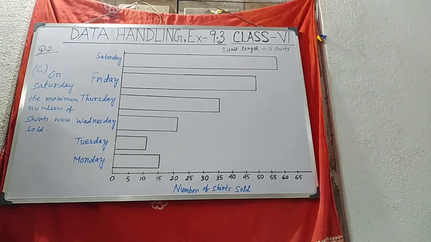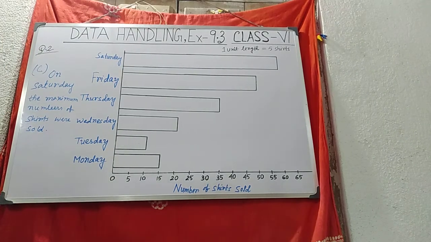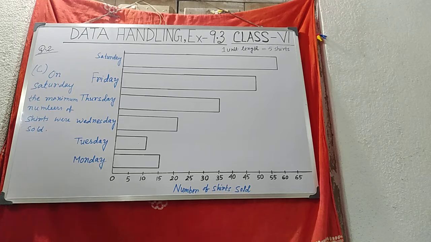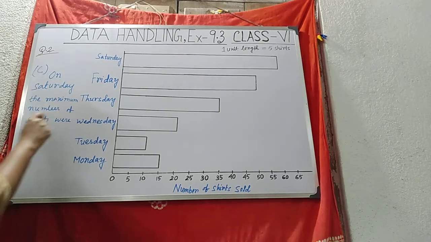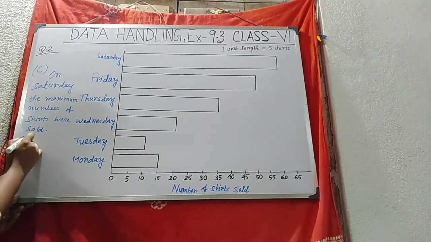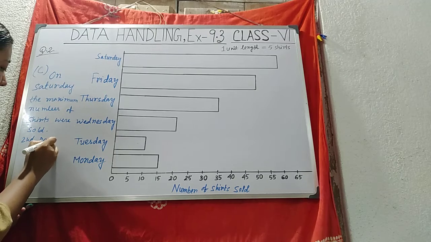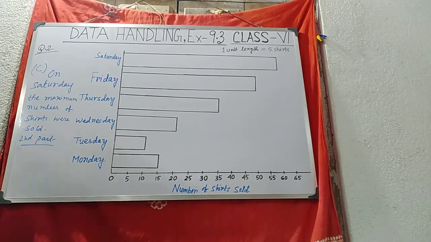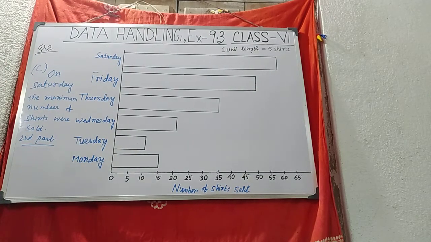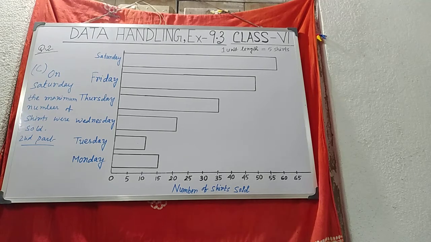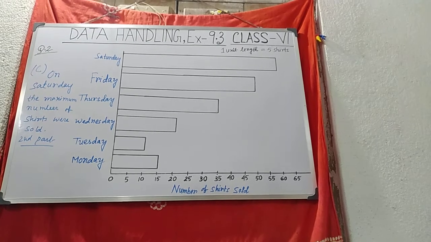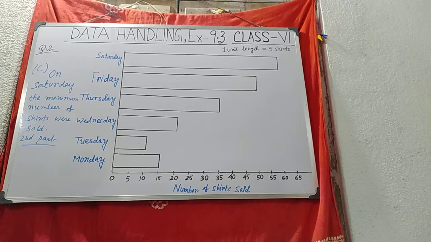This will be the first part's answer. And the second part is, how many shirts were sold on that day? We have to count how many shirts were sold on that day.